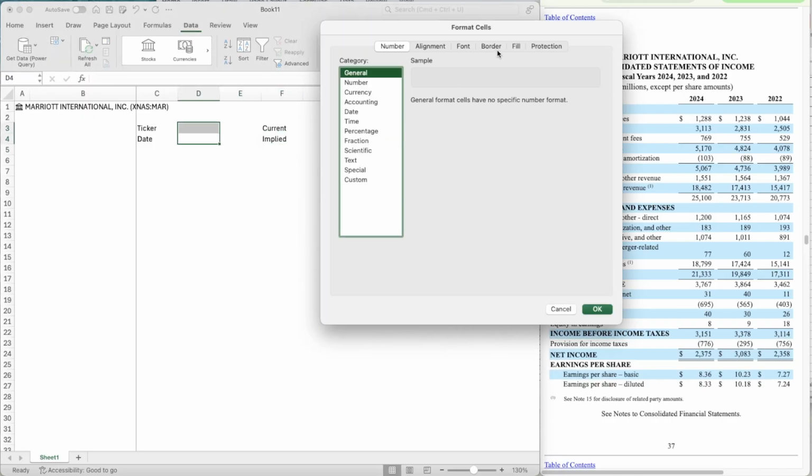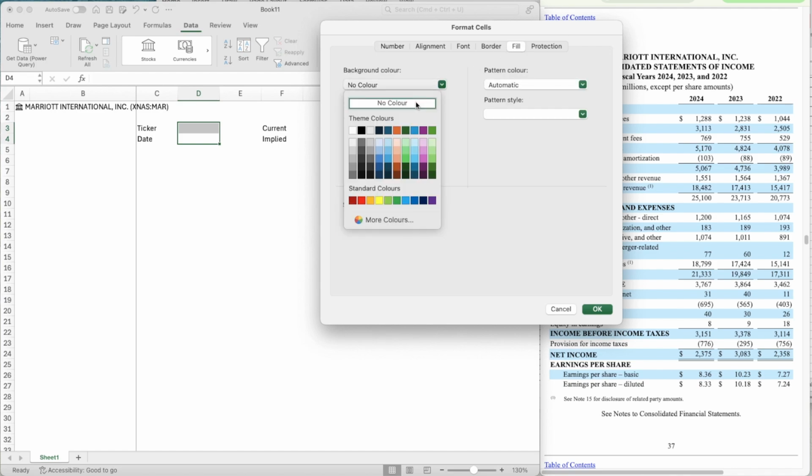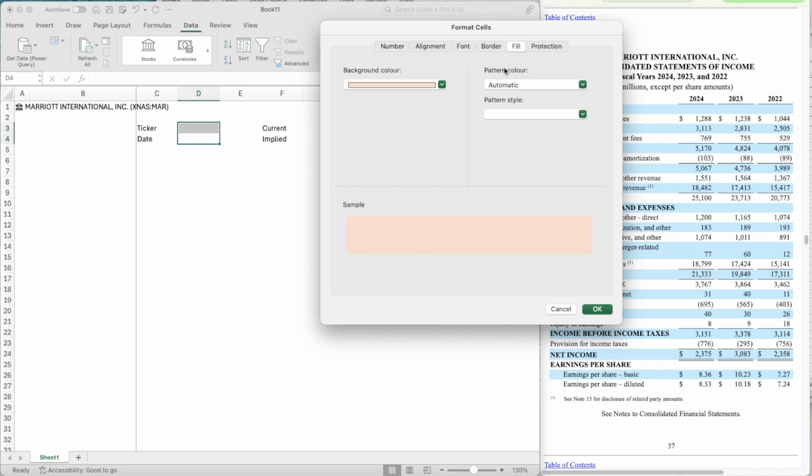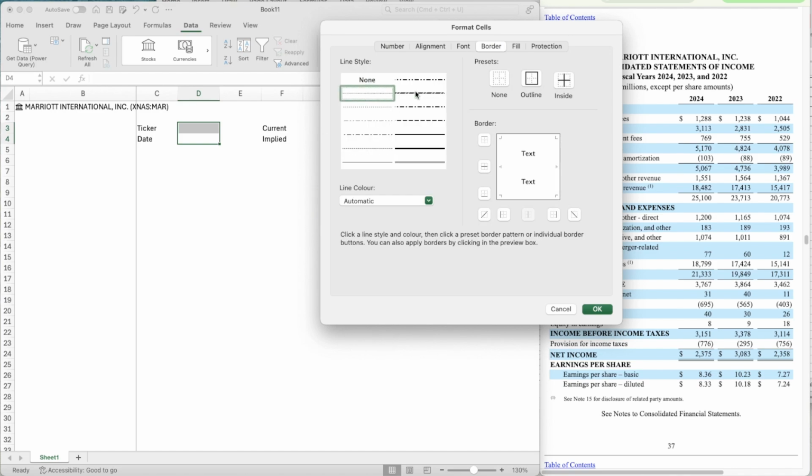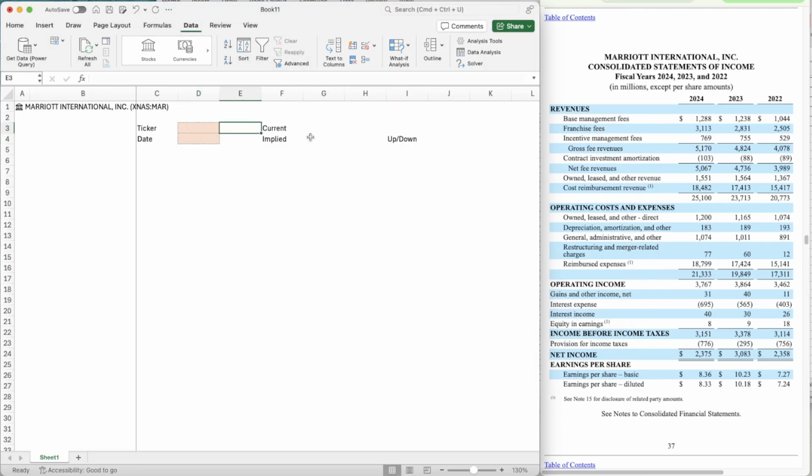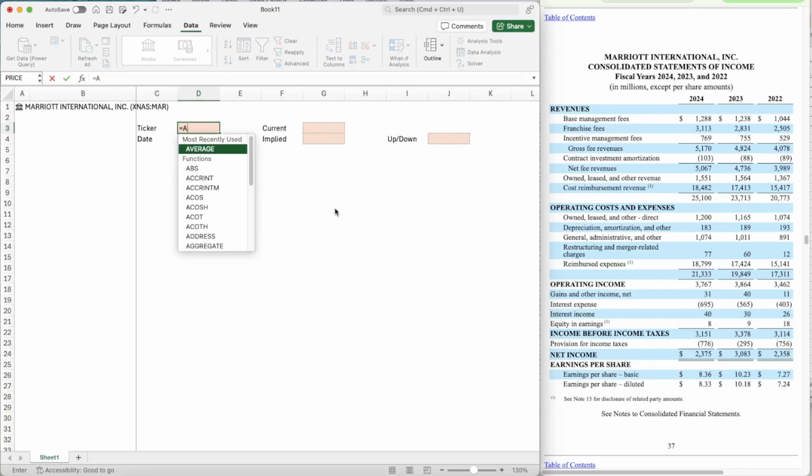Let's just do a bit of formatting. We want to fill the cell with this sort of beige color and put a border on. Copy these over. For ticker, we just go equals A1, open your square brackets, ticker.